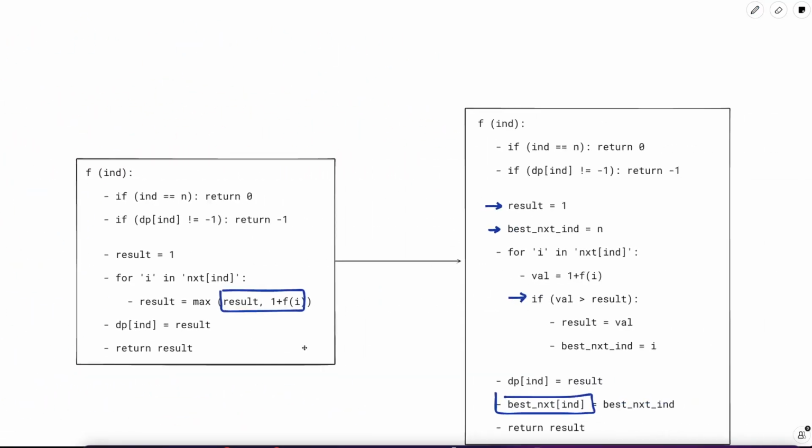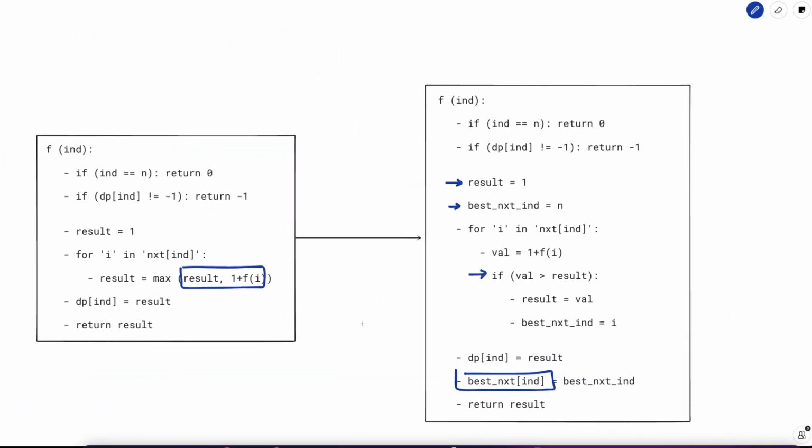Now some of you might be thinking that, okay, we actually have to find out the maximum of f of 0, f of 1, f of 2, all the way up to f of n, right? So why is the complexity n square into w? Why not n cube w, right? The answer is straightforward. Basically n square w is something we have calculated for all possible states of f, right?